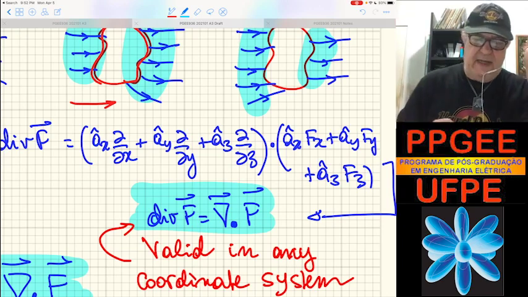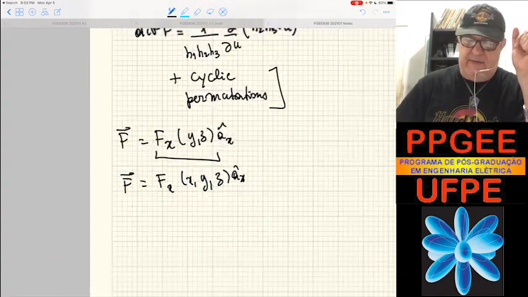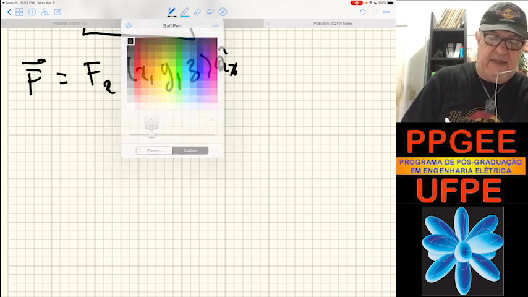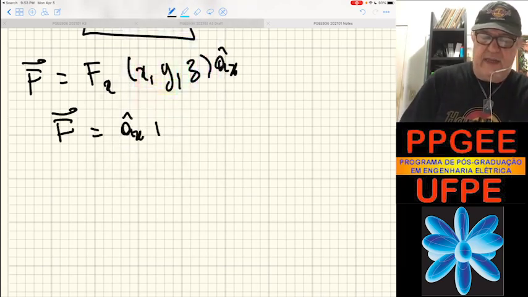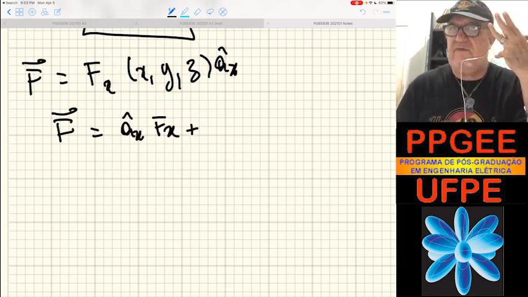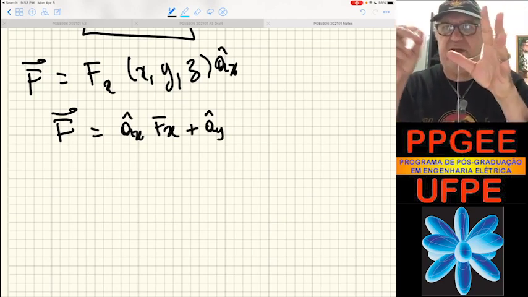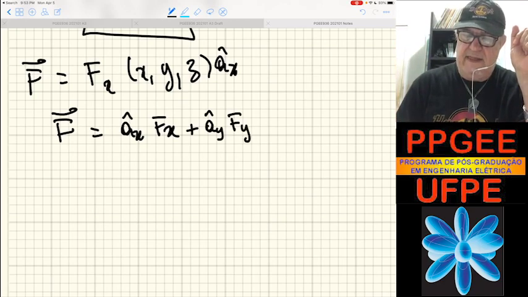Notice that in the simplest case, a Cartesian field expressed in rectangular coordinates, always recall that the components are functions of three variables, for time independent fields like this.